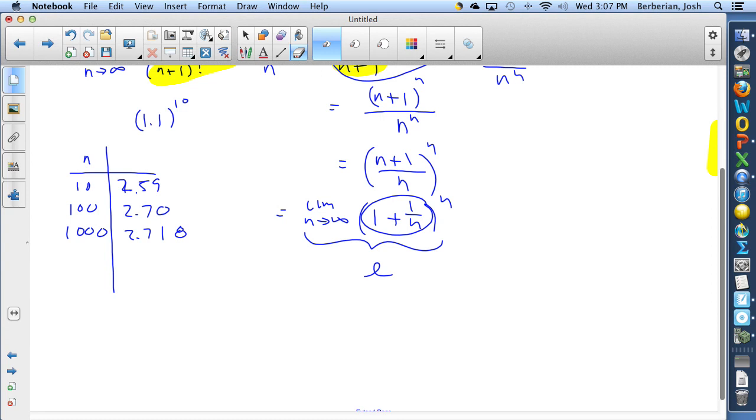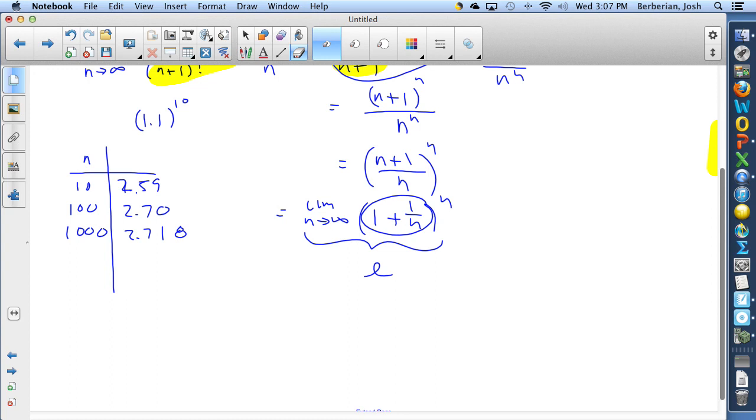If you compound something annually, you take that and raise it to the first. If you compound it monthly, you divide by 12, because you're getting it every month, and raise it to the 12th. If you compound it daily, it's 1 plus 1 over 365 raised to the 365th. So this is the limit of what happens as you continue compounding.